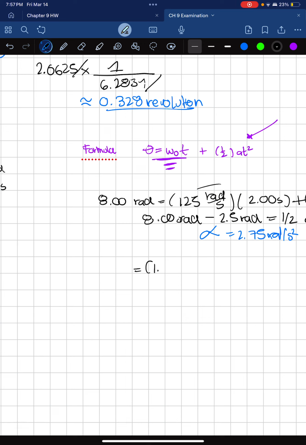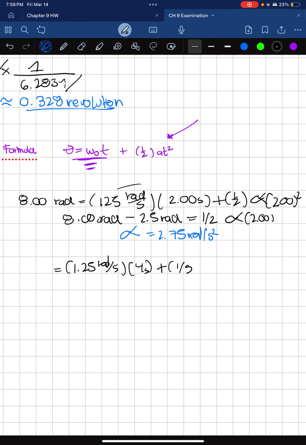Let's plug that in. 1.25 radians per second times 4 seconds, plus one half times 2.75 radians per second squared, times 4 squared, which is the time squared. When we do that, we get that the angle in radians is going to be 27.0.